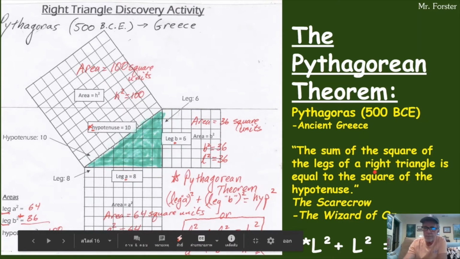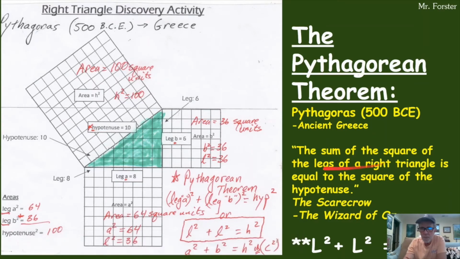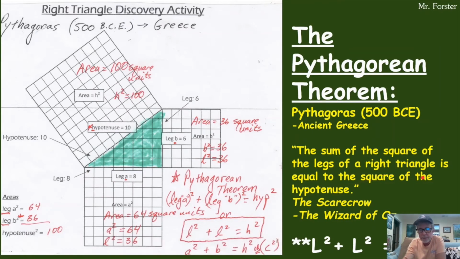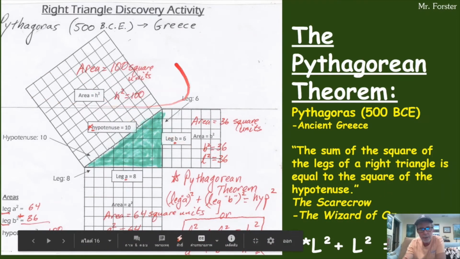And if you're a fan of movies, the Scarecrow in The Wizard of Oz actually says this, but he says it incorrectly. The sum of the squares of the legs of a right triangle, here are the legs, if we add the squares together, is equal to the square of the hypotenuse.